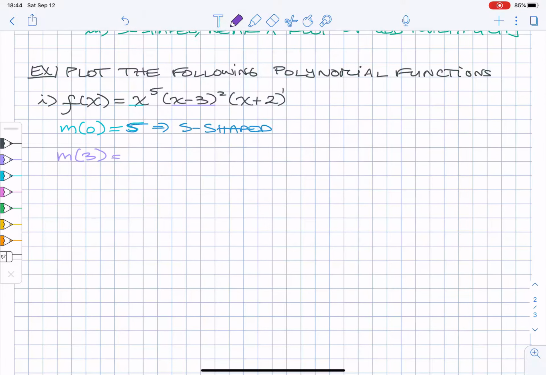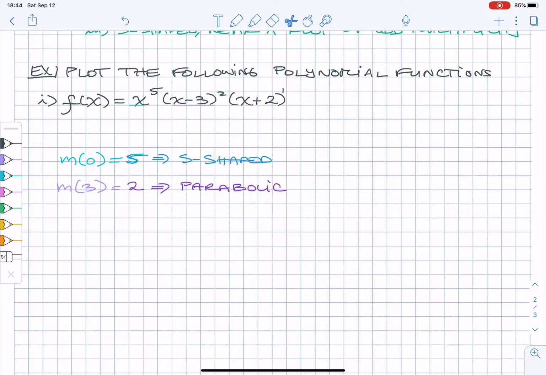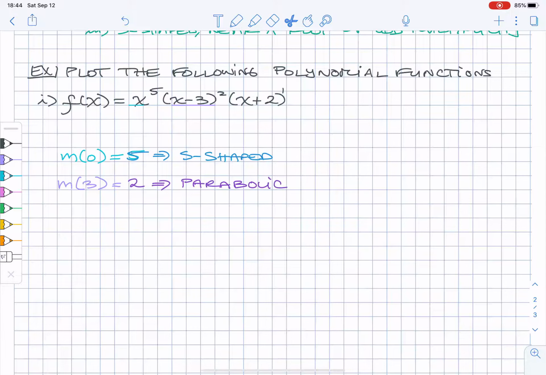That's the power on that, so that implies parabolic. Maybe I should rewrite f of x so we can see where I'm getting this. So f of x is equal to x to the 5th times x minus 3 squared times x plus 2.